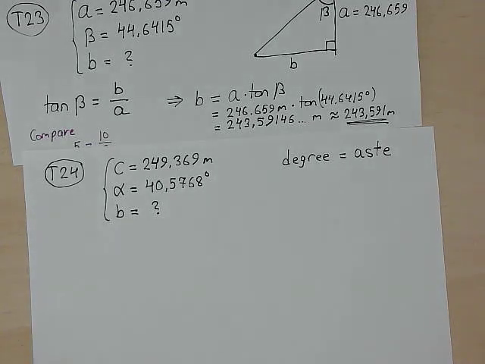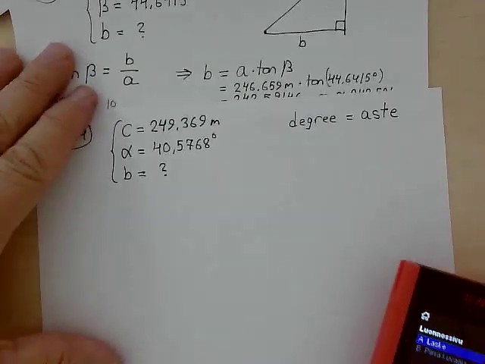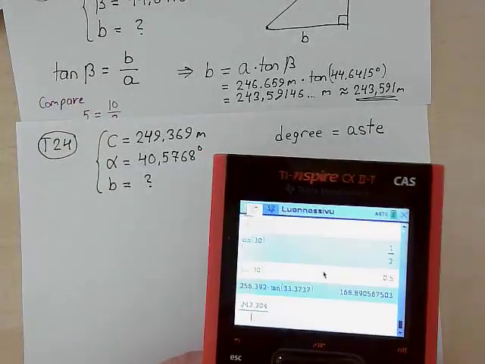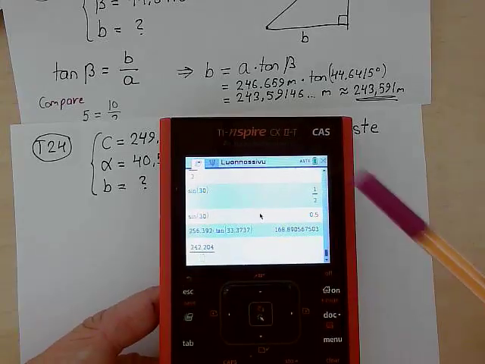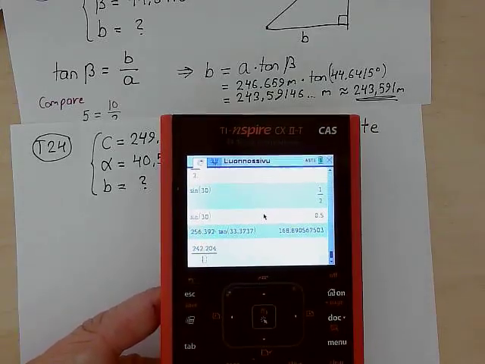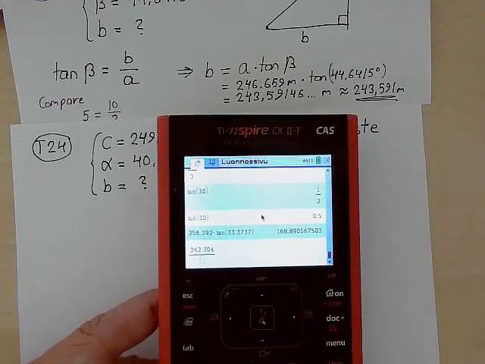For example, if I have some calculators here, some calculators tell the unit of angle. For example, in this calculator, in the top of the screen you see aste. So it is degree, the unit.